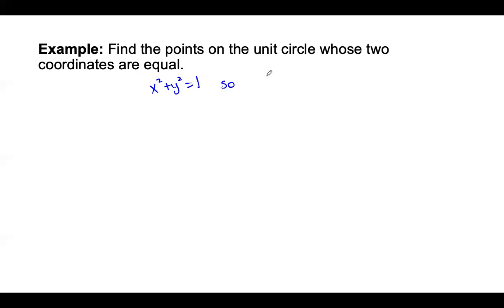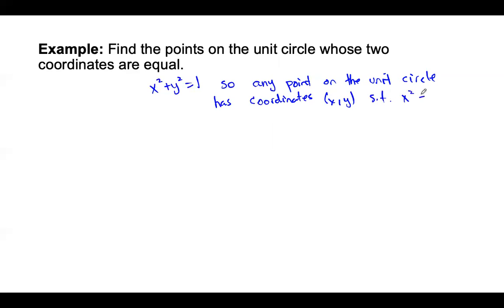So basically, any point on the unit circle has these coordinates x, y, such that x squared plus y squared is equal to 1.